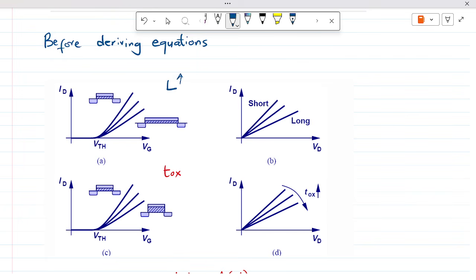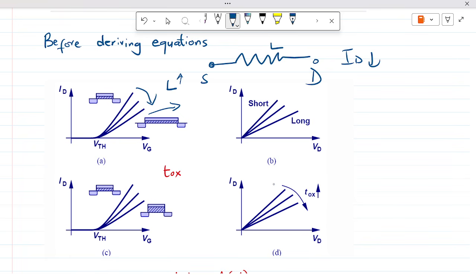Increasing the length means we are increasing the resistance between the source and the drain. With increasing resistance, we expect the current to reduce. So typically, we expect that if the channel length is increased, then the current would be reduced, as we can see in the graph.